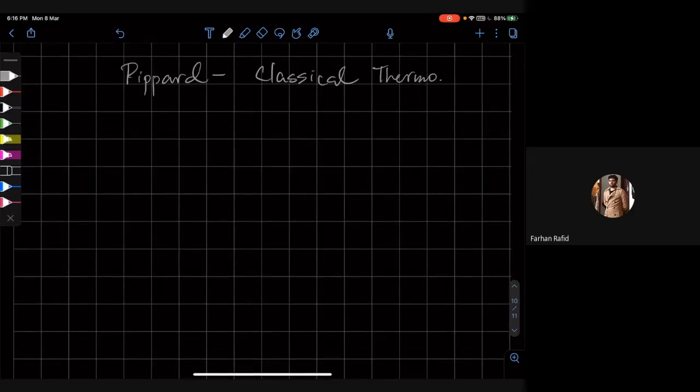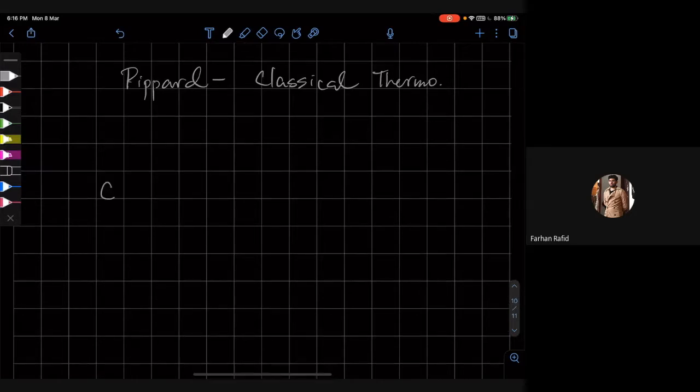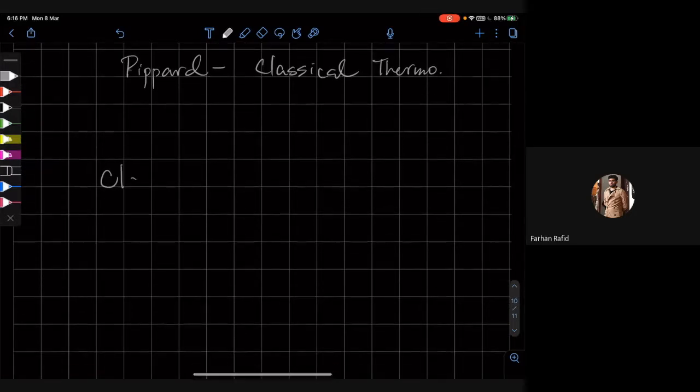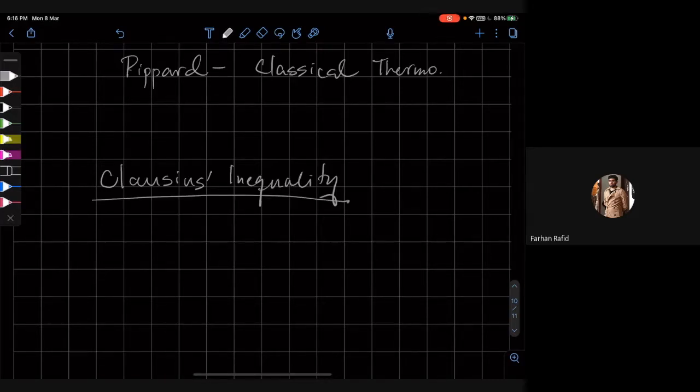So next we are going to discuss the Clausius inequality and reversible and irreversible processes. Clausius's inequality. So far we've been discussing reversible engines or reversible systems.